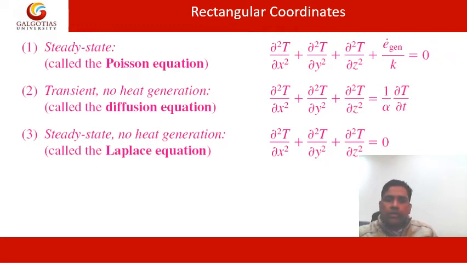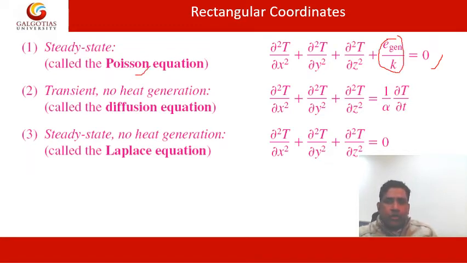So this is the final equation, and as you can see, this equation represents the steady state condition with heat generation, and is commonly known as Poisson's equation.